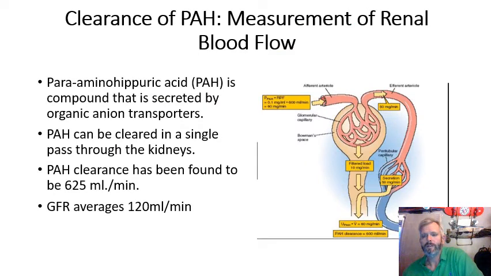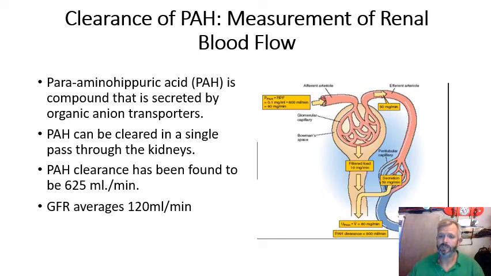So now actually looking at renal blood flow. Now we want to look at a molecule that can be filtered as well as secreted. Secretion allows us to clear things out of the blood more readily.